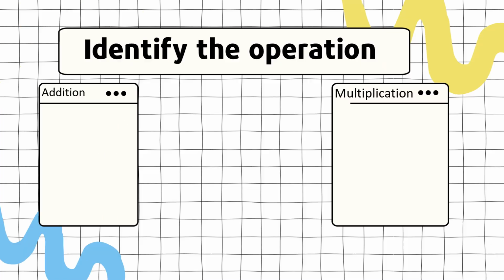Let's move further. Now, we want to remember how to identify operations.